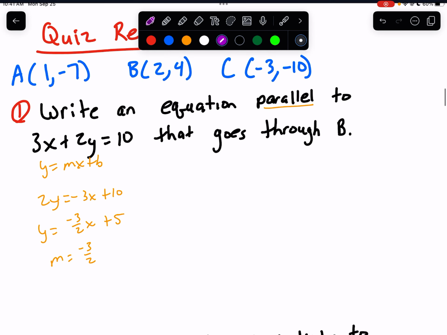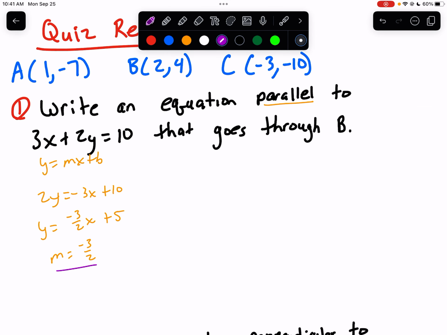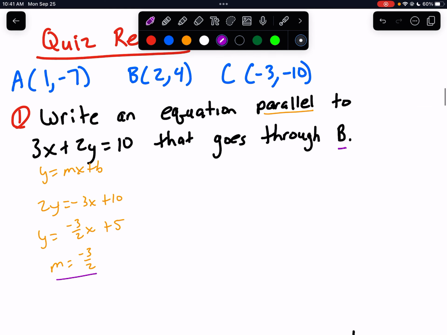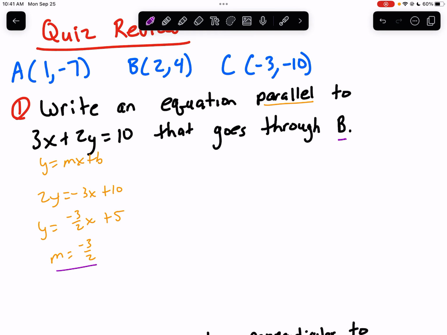So write an equation parallel to that. So this is going to be my m. It has to go through point B. That means B is going to be my x and my y. So we know x equals 2, y equals 4, and m equals negative 3 halves. Those are the things we have to use. So y equals mx plus b.